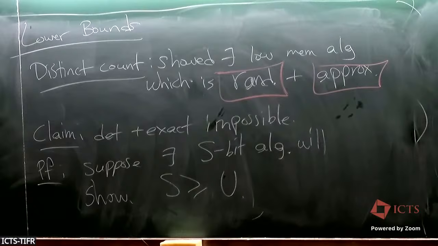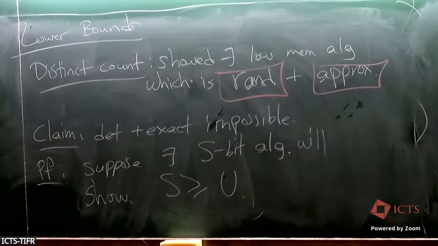Let's call it A. So I'm the encoder, I get an A, which is a subset of 1 to U. I need to compress it such that if I send it to the decoder, the decoder can look at my encoding and figure out what my A was. Well, this is just now a counting argument. There are only 2 to the S possible encodings, and I need to have a different encoding for every subset. How many subsets are there? 2 to the U. So 2 to the S has to be at least 2 to the U. So S has to be at least U.